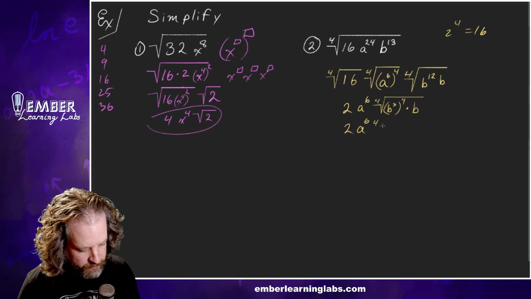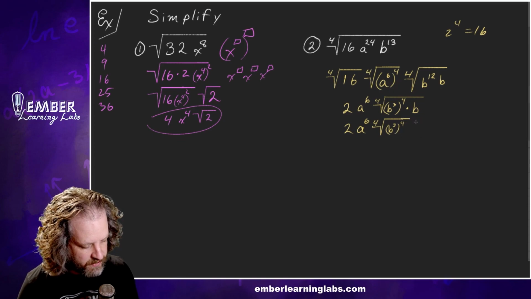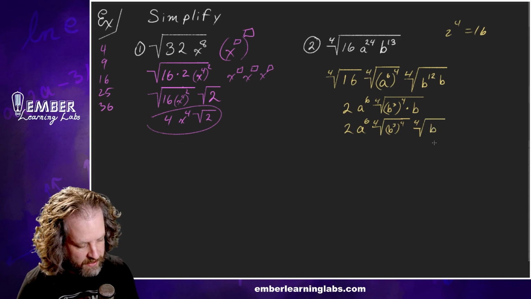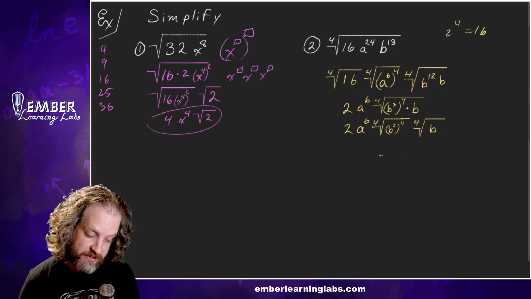So the fourth root of, and I'm going to put this intermediate step in here, of b cubed to the 4th, times the fourth root of b. Now that one we can't do anything with, so he's going to stick around to the end.